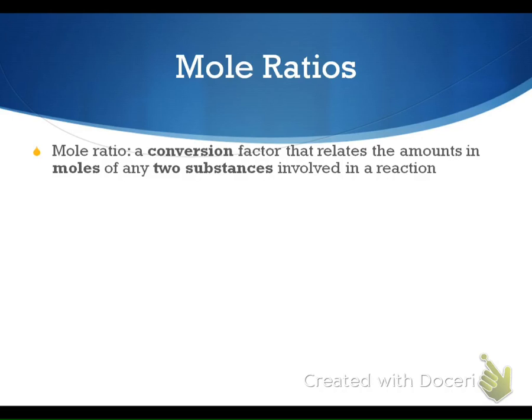So if I put in 10 grams of some substance, how many grams of my product will I get out? Or if I start with 4 moles of my reactant, how many moles of my product will I get out? So we're trying to look at perfect chemical reactions and putting a quantity to them.